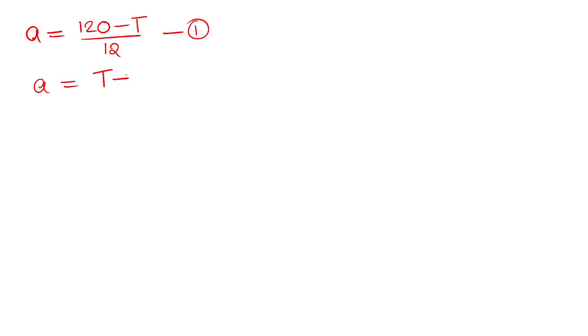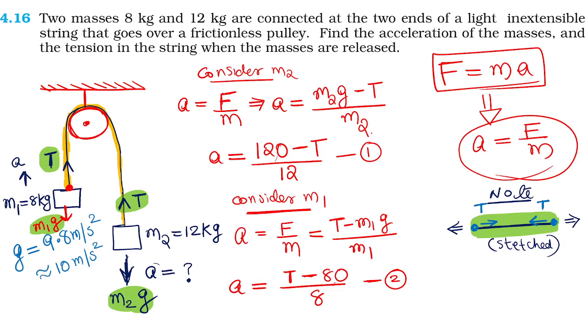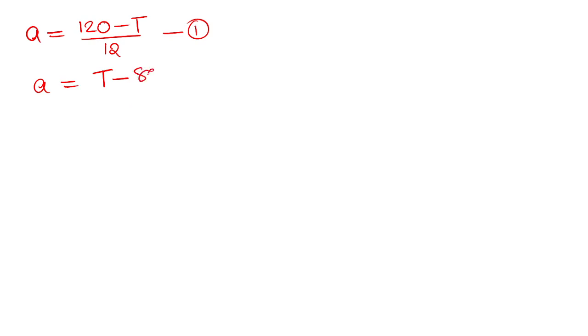t minus 80 by M1. M1 is 8 kilogram, right? T minus 80 by 8. From the two equations I want both acceleration and tension. So 1 and 2 both represent acceleration, right?